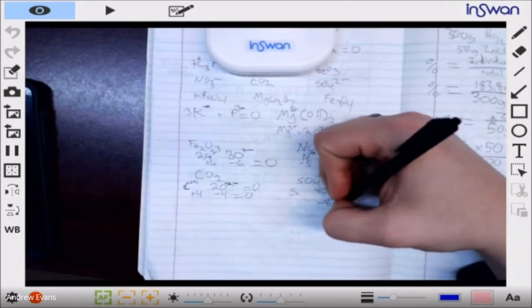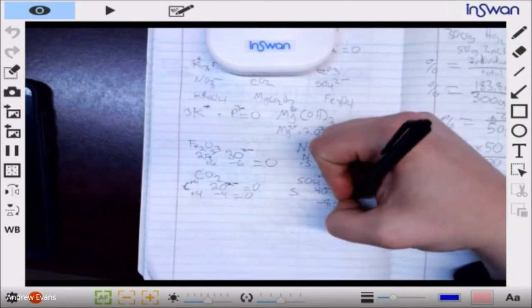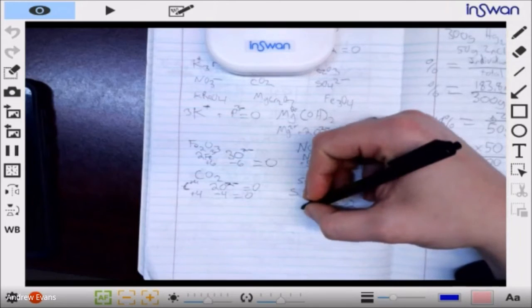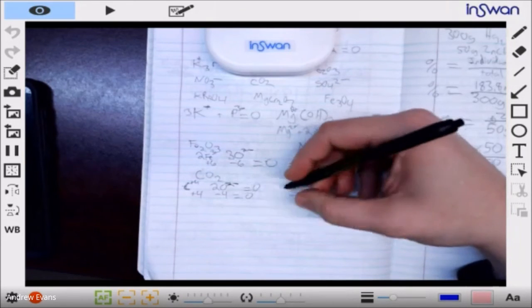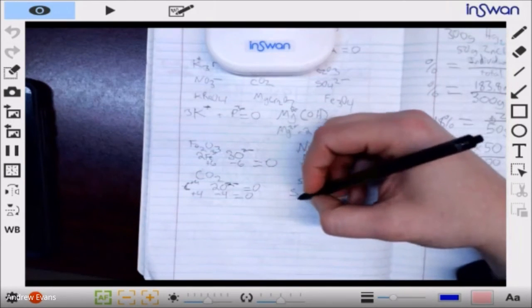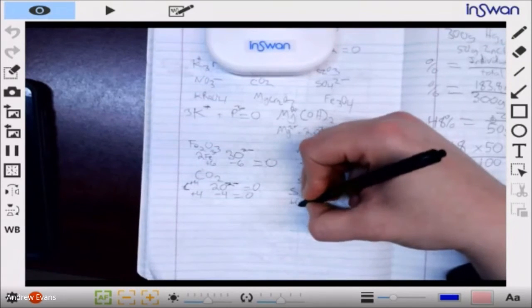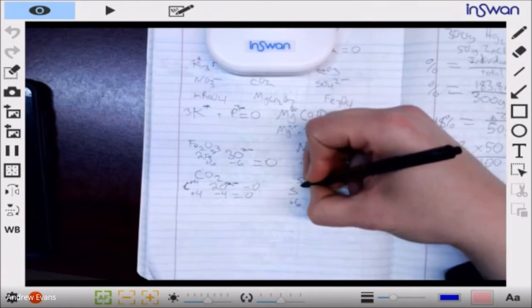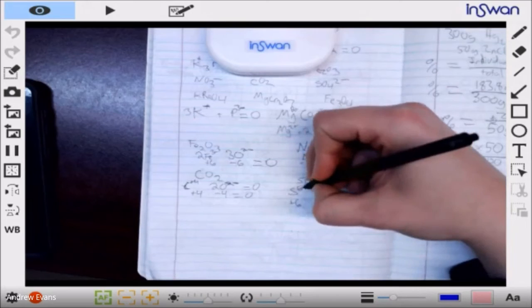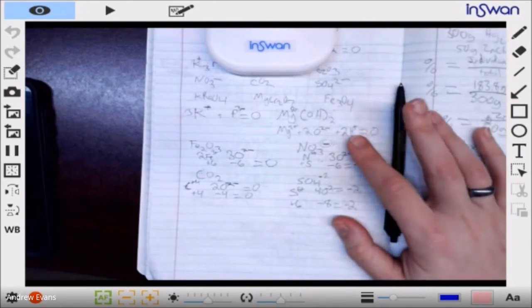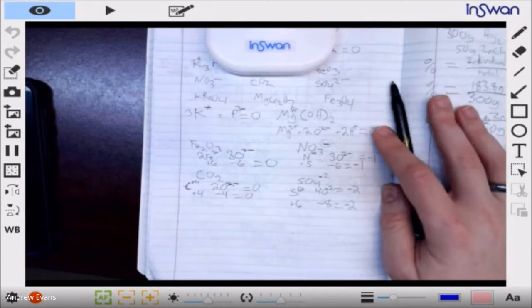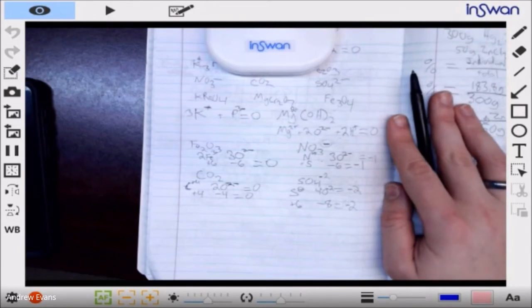X minus 8 equals -2. Or you could say -8 plus X equals -2. Either way, the only solution for X is +6. Sulfur is +6 over here. How many valence electrons does sulfur have? It is in group 6A, 6 valence electrons.